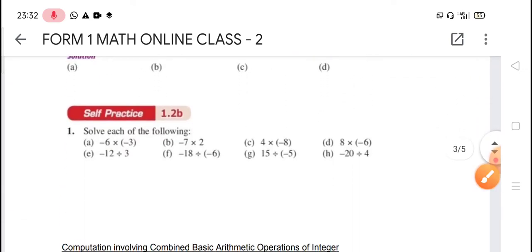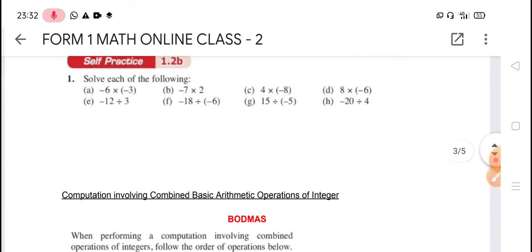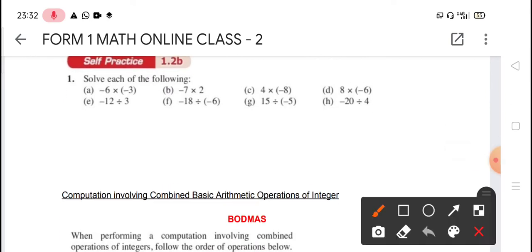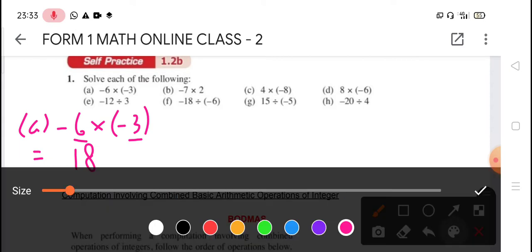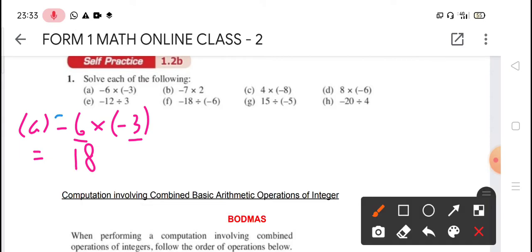Okay, so now we move on. This is the example we discussed. Now we look at self-practice 1.2b. Question A, negative 6 multiply negative 3. Firstly, you multiply the numbers, 6 multiply 3, 18. Now we multiply the symbols. Negative, negative, same symbol, hence we get positive, or you can just leave your answer as 18.